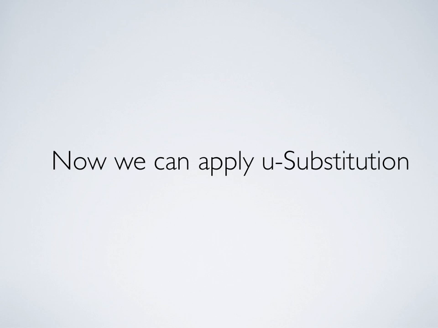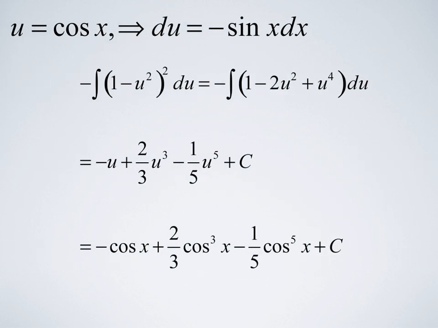Now we can do the integral with u substitution. We take u equal cosine of x, so du would be minus sine of x dx. Now we already have the sine of x in the integrand, so we need to pull a minus sign on the outside because the derivative of cosine is minus sine.